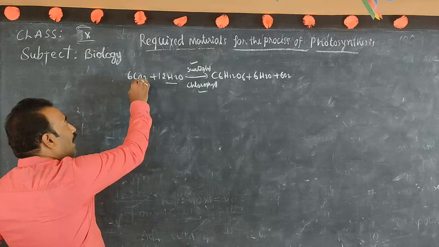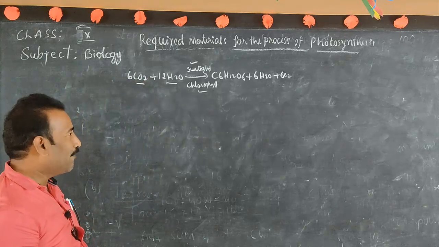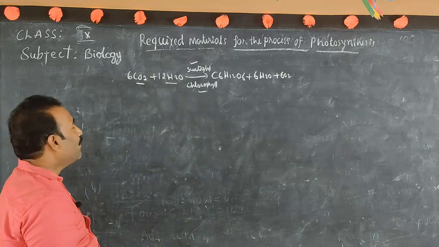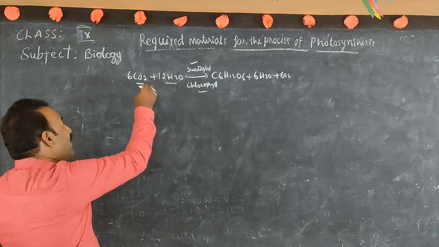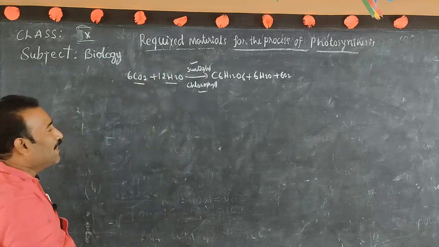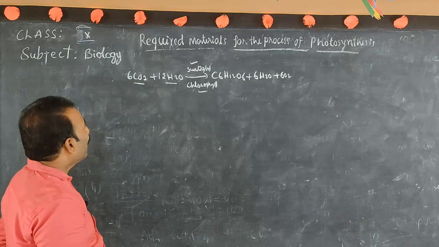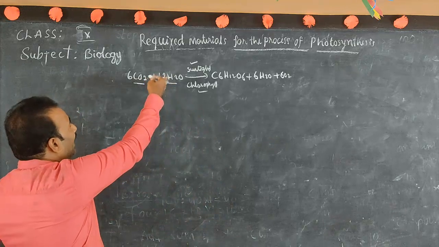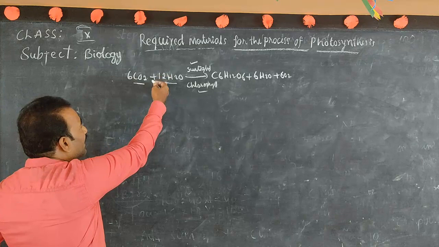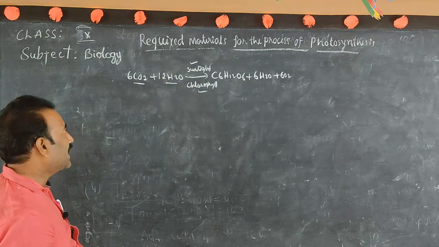For example, carbon dioxide. If carbon dioxide is available sufficiently, then the rate of photosynthesis will be maximum.